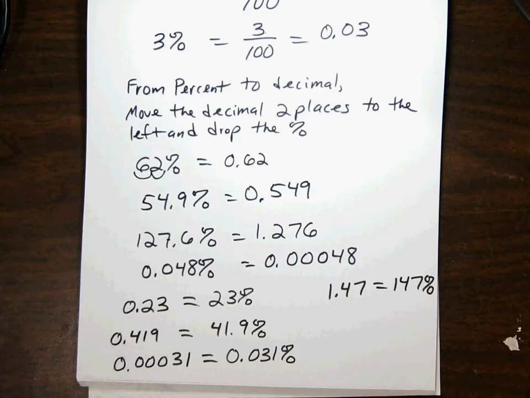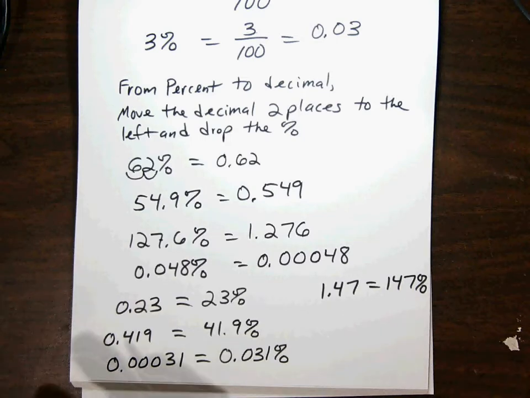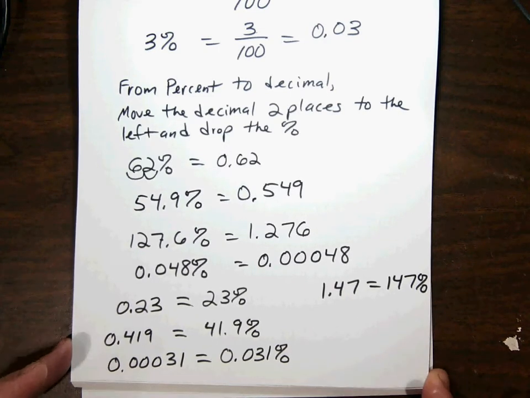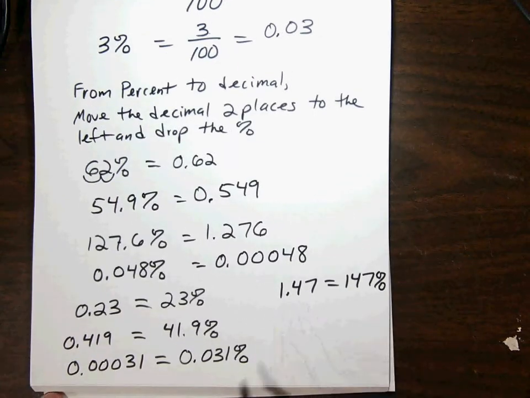If you're talking about a quantity of something, you can only have 100% of that something. But if you're talking about a percent increase or a percent decrease, you can certainly have more than 100%. So don't ever think you're limited to from 0 to 100 when talking percents. By no means.